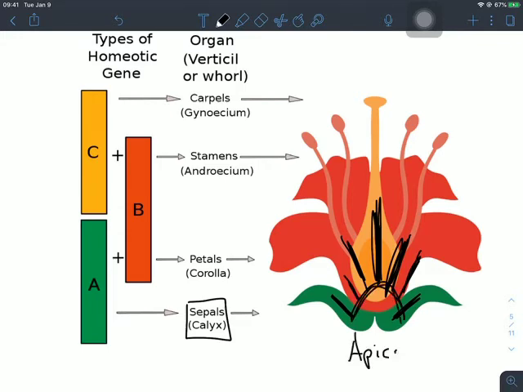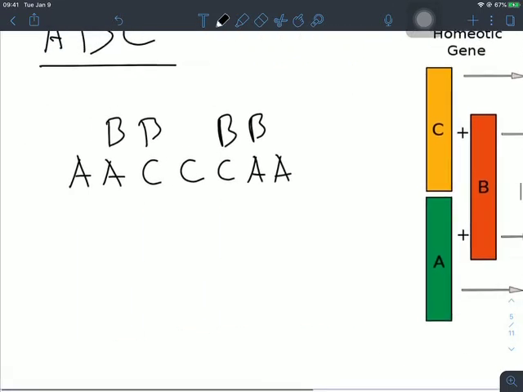See that structure still retained in there? Yeah, it definitely is. The sepals are made by tissues that only have A in them. So if the apical meristem is only expressing the A group of genes, it's going to develop into a sepal.